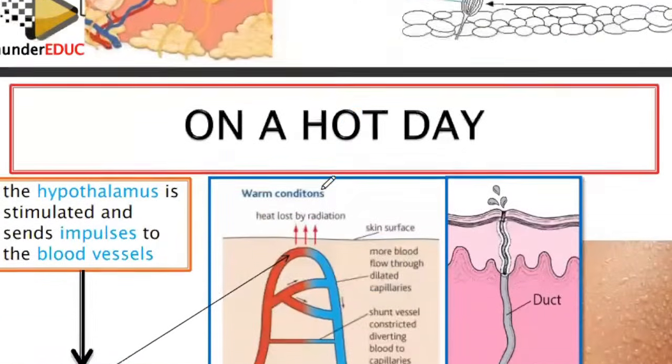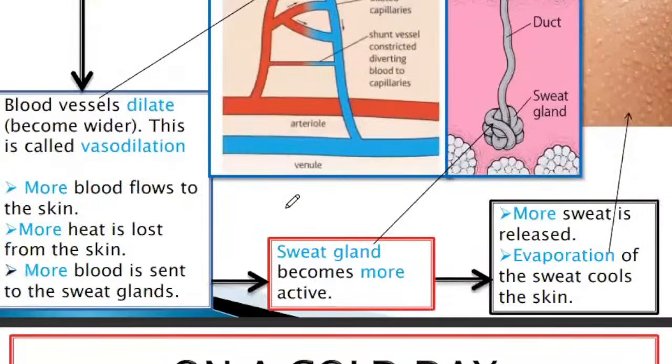So basically what happens here is this. You'll find out that the sweat glands will become more active, meaning that they will produce more sweat, and then this sweat will evaporate, and this evaporation will lead to cooling of the skin.